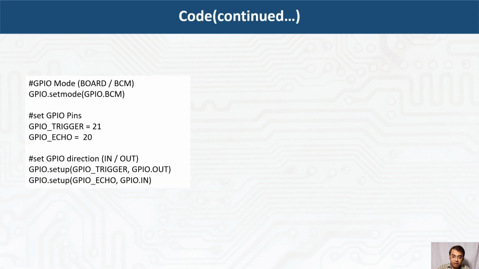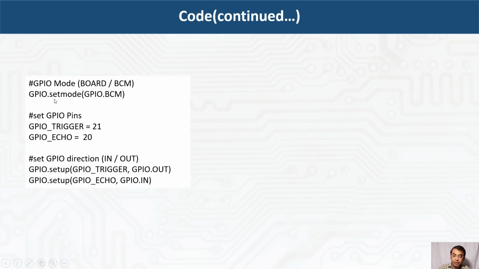So already I have discussed the purpose of trigger and echo. So GPIO_TRIGGER is 21. Already I have shown you, because trigger is connected to GPIO pin number 21 and echo is connected to GPIO pin number 20.